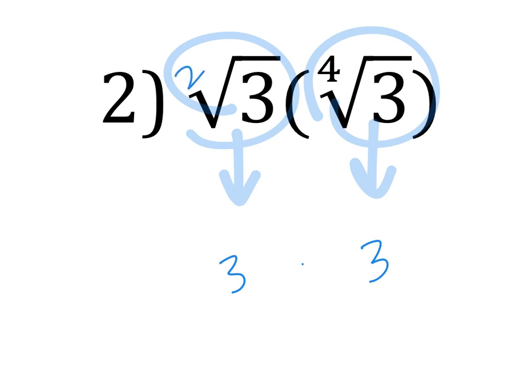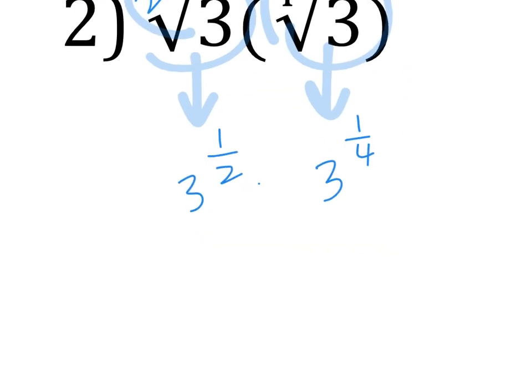There's an invisible 2, so 1 half. Right. Daniel, so fourth root of 3 is? 1 over 4. Okay, so now we're multiplying them together. What do we do to the powers? Make the denominators the same. Yeah, so we're going to add them by making sure they have a common denominator. So go ahead and add them together.